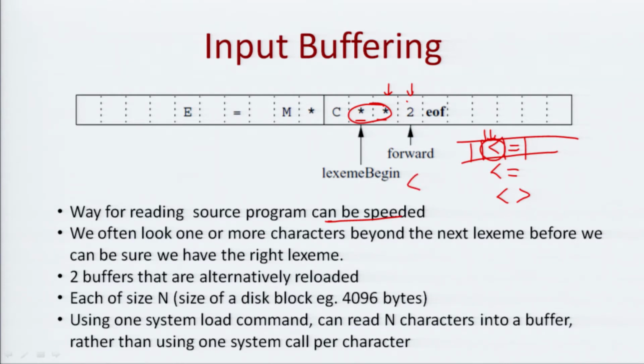But we do not produce a token for less than yet; rather we go one cell beyond, and here we get equal. So we know that this equal is part of this operator. How did we come to know about it? After reading one symbol extra. Again we move forward, and here we find another symbol that is not related to that lexeme. Then we retract to the left position and produce the token for this. So, we read one or more extra characters.